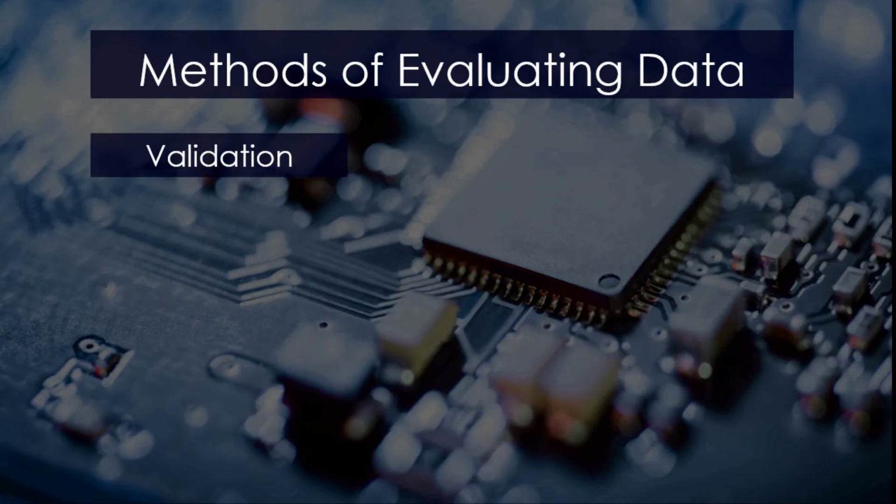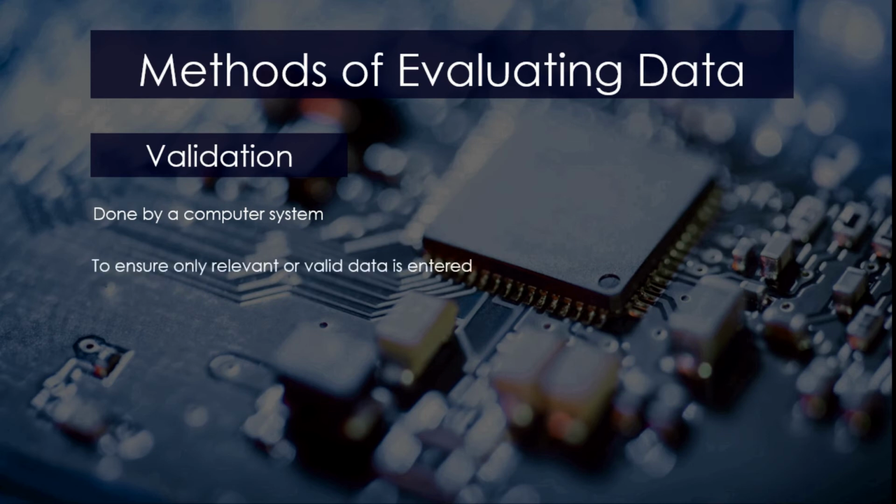Data validation is a method of evaluating data that is done by a computer system. This is done to ensure that the data meets the specific criteria set out by the organization before it is entered into the information system. Database administrators and designers and systems developers are usually the ones tasked with creating the system checks for validating data.